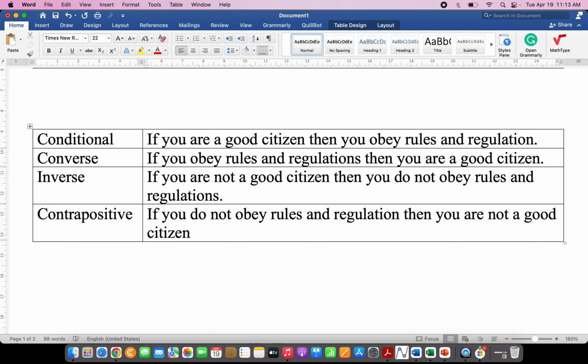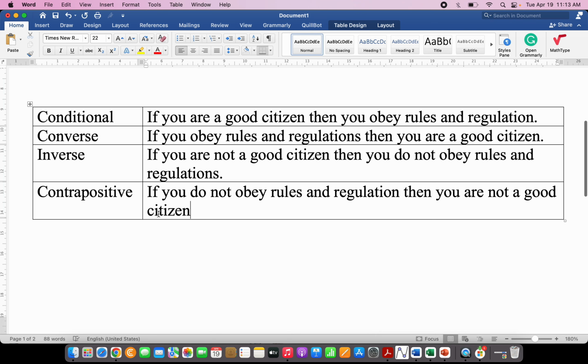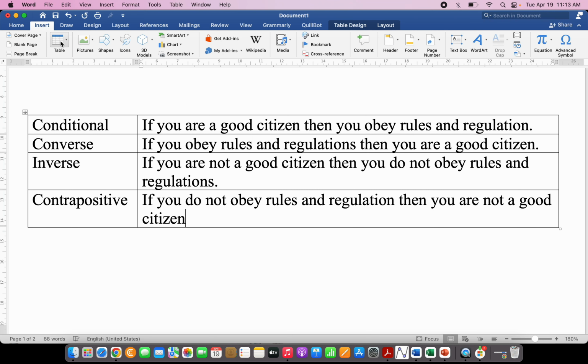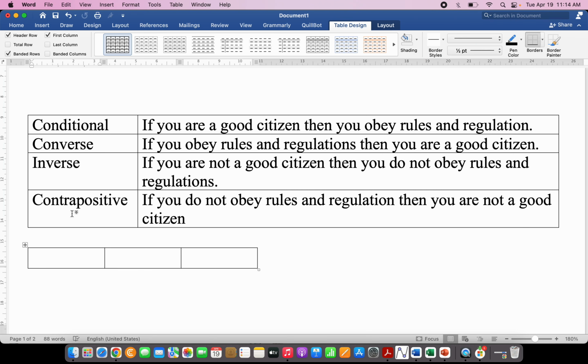Okay? Tingnan natin yung truth value nila, ha? Tingnan natin yung truth value. Gawa tayo ng table dito. Let's get the truth value of the conditional statement.